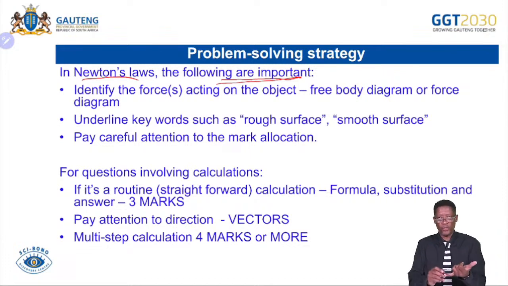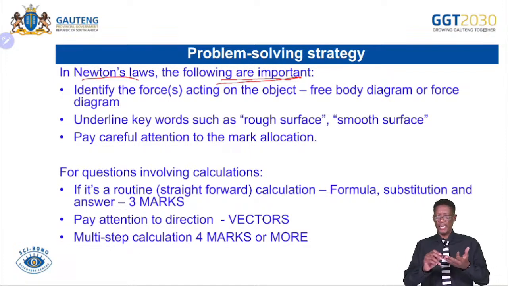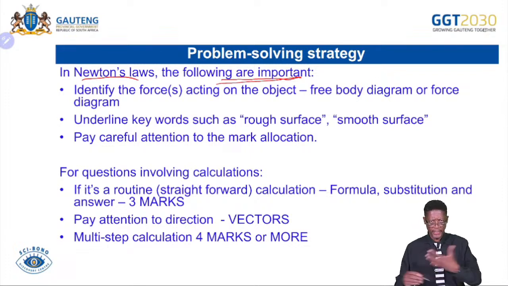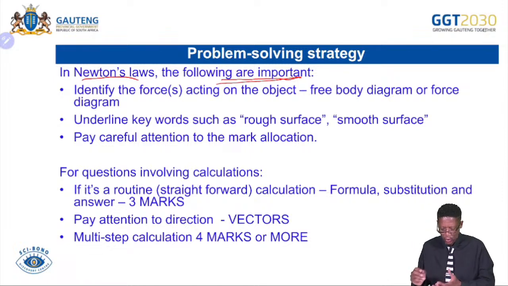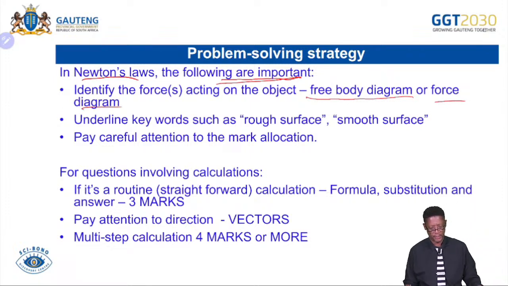We've got normal force, gravitational force, the opposing force which is the friction force, and the tension. Identify which force is acting on an object. Then you will be able to draw the free body diagram or force diagram with those forces.